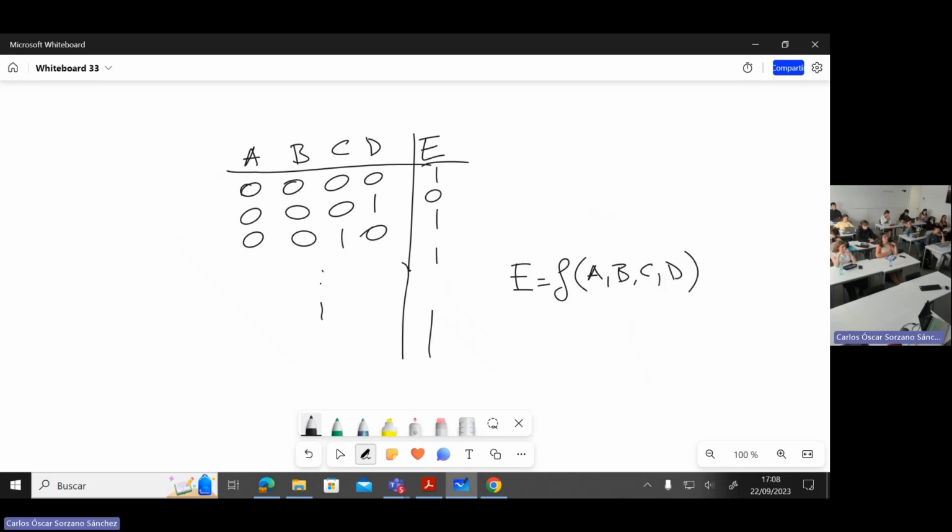Do you remember there was something called Boolean maps? Did you use that? On this one, we're telling you what is the function of E as a function of the others. But this is deterministic. You can make it probabilistic too.